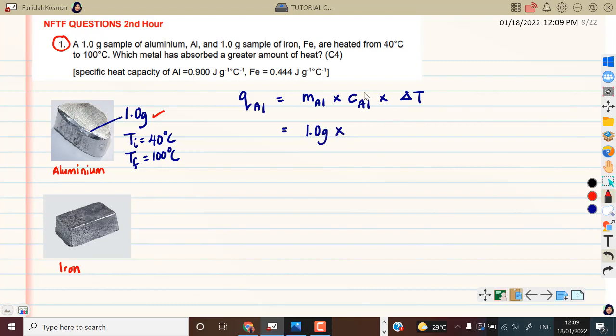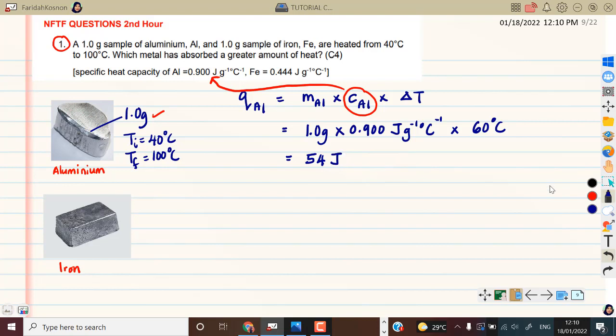The specific heat capacity of aluminium was given in the question, which is 0.900 joule per gram per degree Celsius. From the initial and final temperature, you may find delta T, which is 60 degrees Celsius. So when you calculate, the heat absorbed by aluminium is 54 joule.